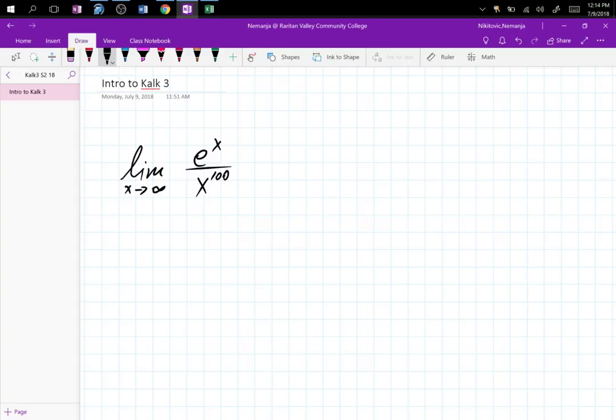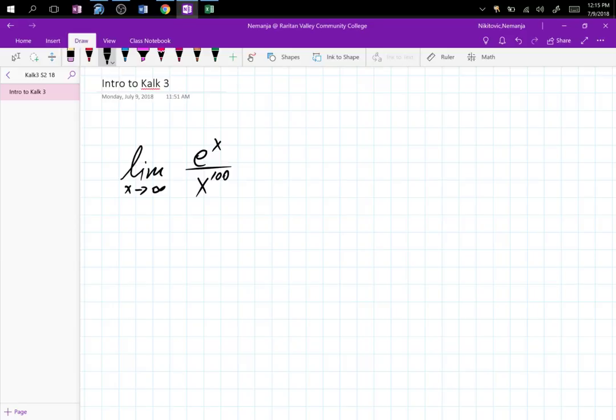You can go and do L'Hopital's rule 100 times and eventually end up with e to the x over, whatever, 100 factorial.